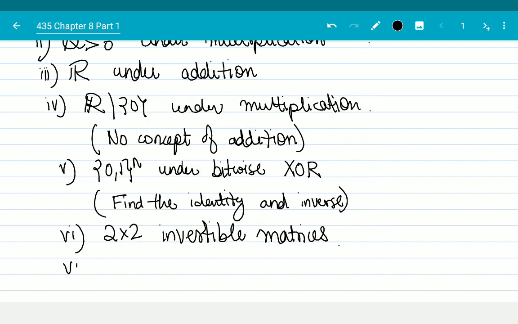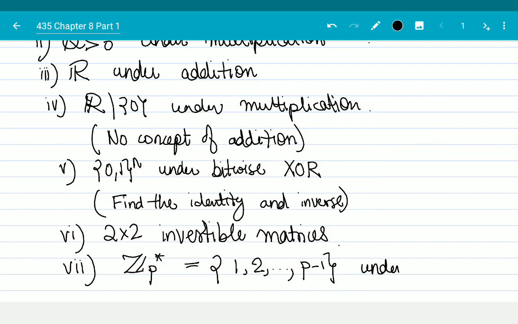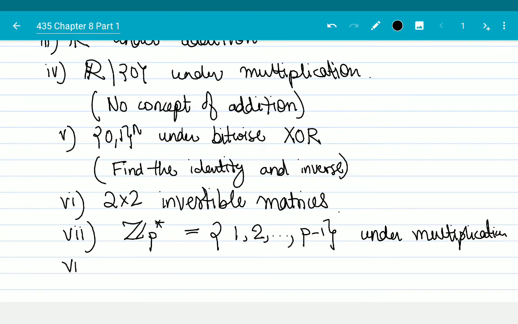Some other examples that you have seen before are Z_p star, which is equal to 1 to p minus 1 under multiplication, and Z_p, which is equal to 0 to p minus 1 under addition.